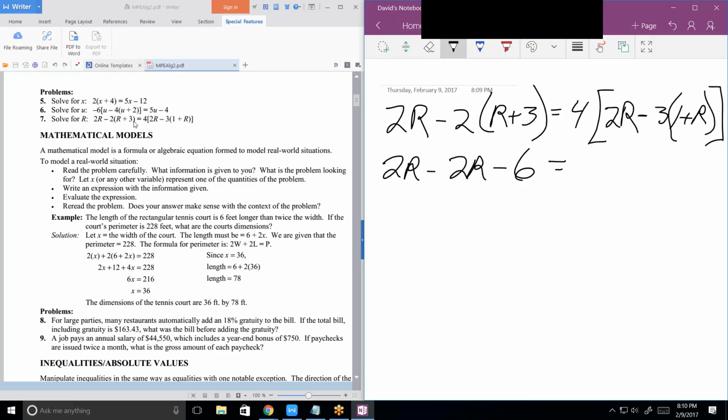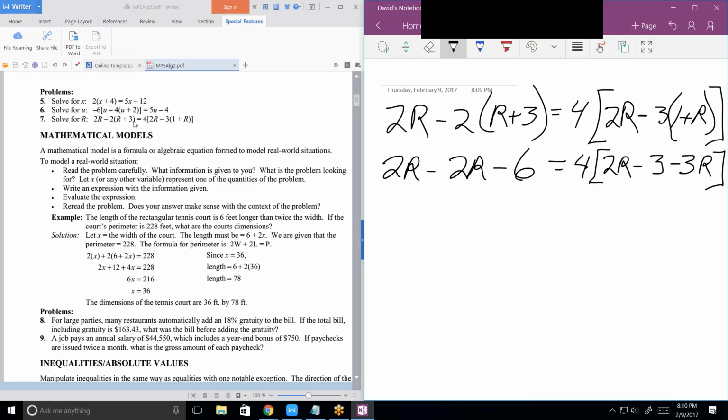Equals. Now, as long as we're doing something, let's do something on the right side too. Let's distribute, in other words, we're going to work from the inside out. So you do 4 and then the bracket 2r minus 3 minus 3r.